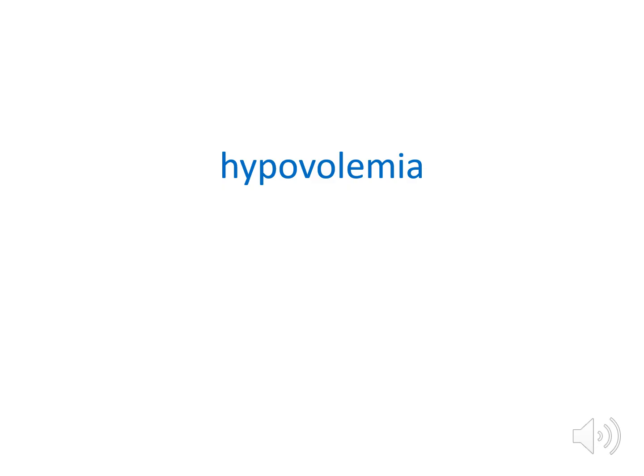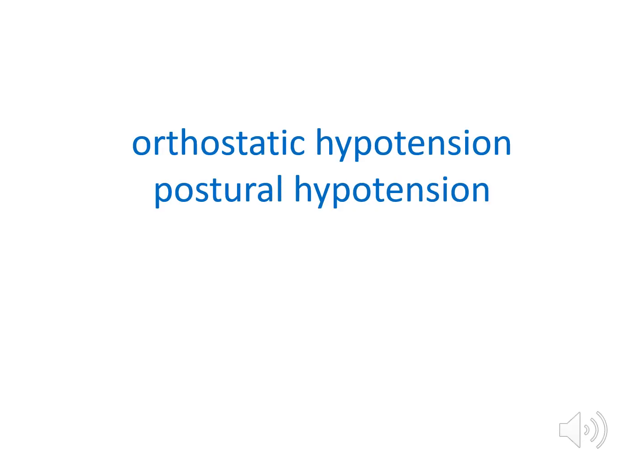Hypo meaning less, vol is for volume, and then emia refers to blood. Okay, so we have a low blood volume, which means we do have the potential for impaired circulation. And if you have a lower blood volume, what would you expect to happen to your blood pressure? It's going to drop, right? So we expect to see some degree of hypotension.